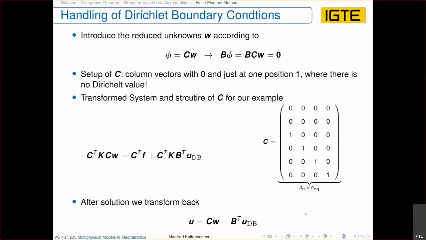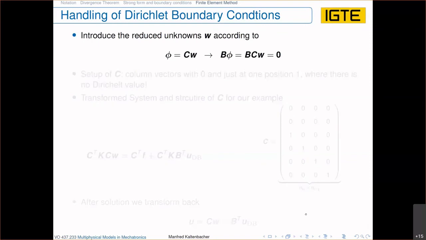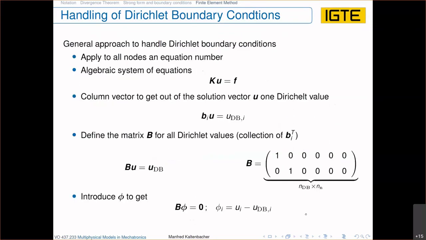You either do this approach, or the approach I have shown you before, where we really introduce equation numbers and only give an equation to those nodes which are not a direct boundary node. Or you start as we have seen here, where all nodes get an equation number.